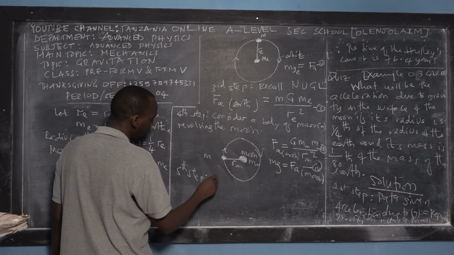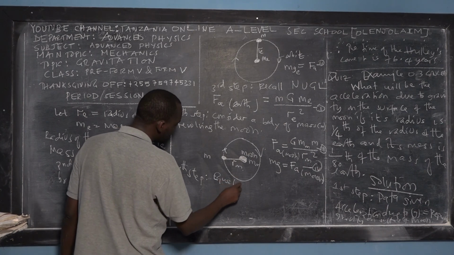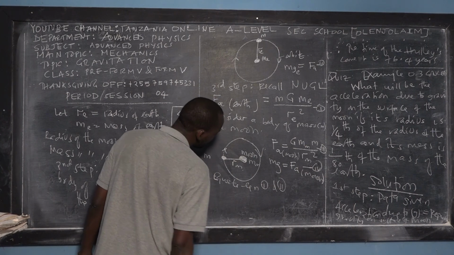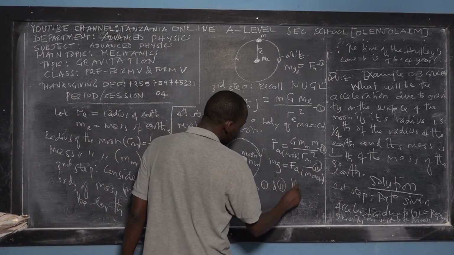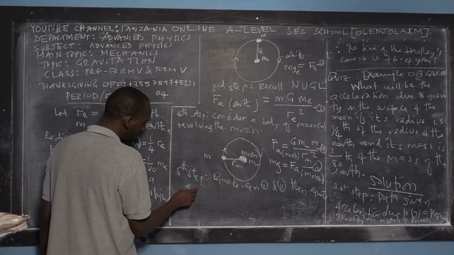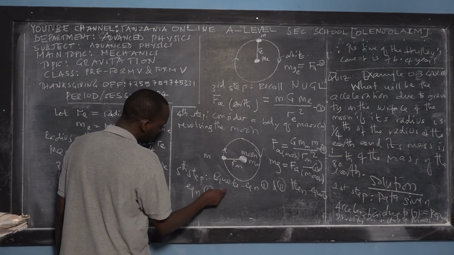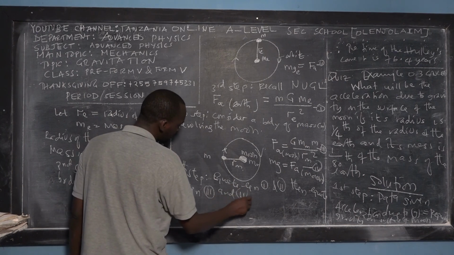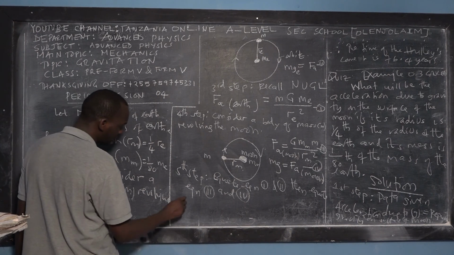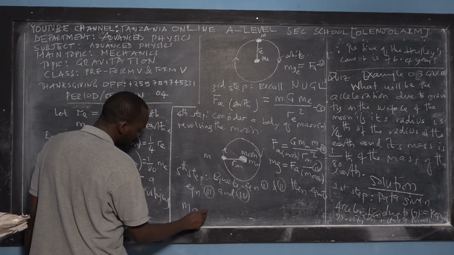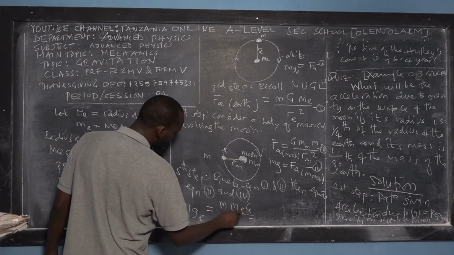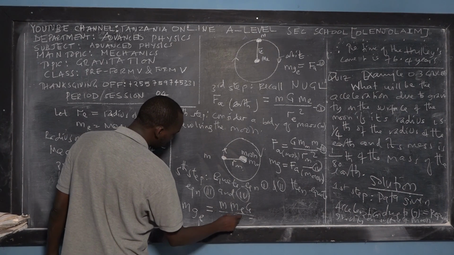If that's the case, we go for the fifth step. We say that we equate equation 1 and 2, then we equate equation 3 and equation 4. So equation 1 and equation 3: mg on the Earth surface is equal to the mass of the body, mass of the Earth, gravitational constant, over the radius of the Earth squared.